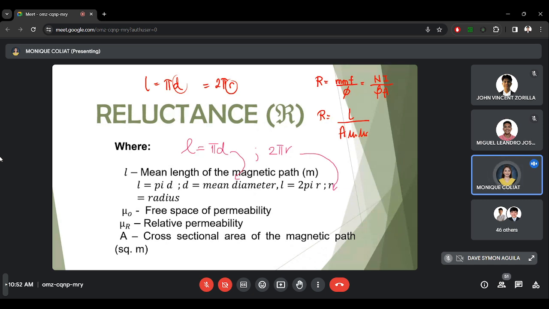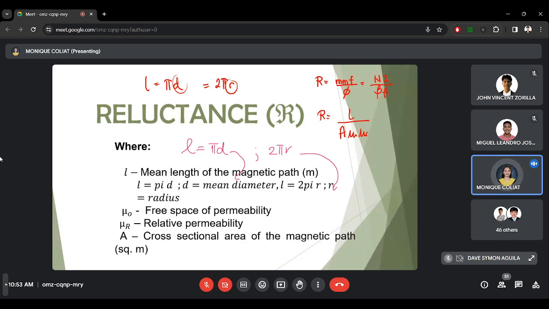Always, when the given is length in terms of meter, straight to the point, you will use that as your length. But if your given is in terms of diameter or radius, the length is the circumference.